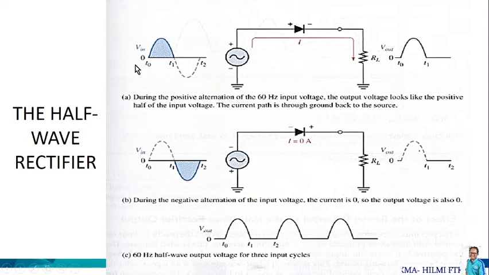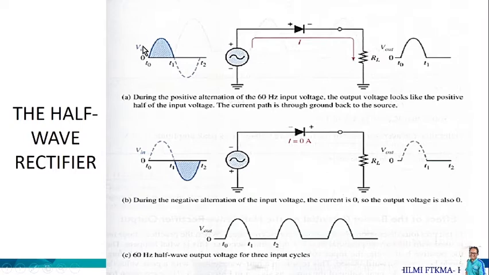When the sinusoidal input voltage Vin is in positive alternation, the diode is going to be forward biased, and it's going to conduct current through the load resistor as shown in this figure. The current produces an output voltage across the load RL, which has the same shape as the positive half of the input voltage.